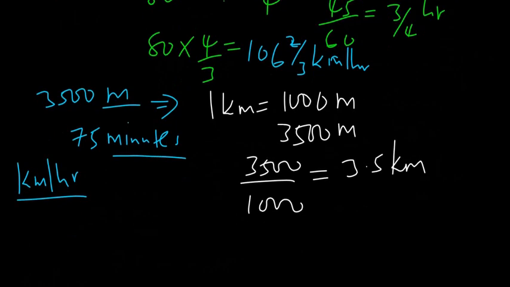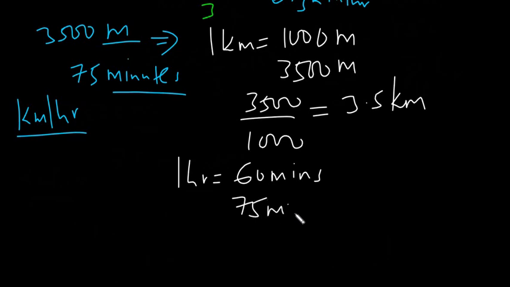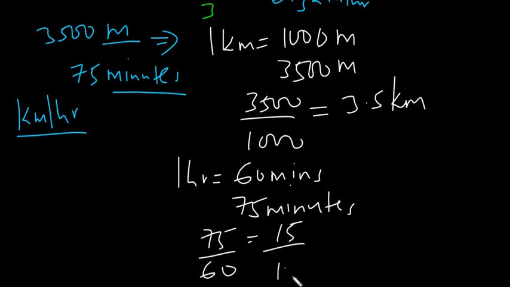So let's go to the time taken, 75 minutes. We know that 1 hour is made up of 60 minutes. So what about 75 minutes? We need to divide 75 by 60. Let's simplify this. We can divide through by 5. So this will be 15 and this will be 12.